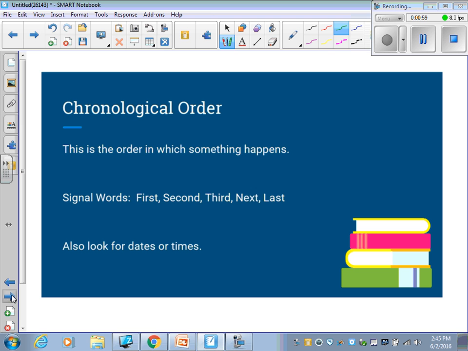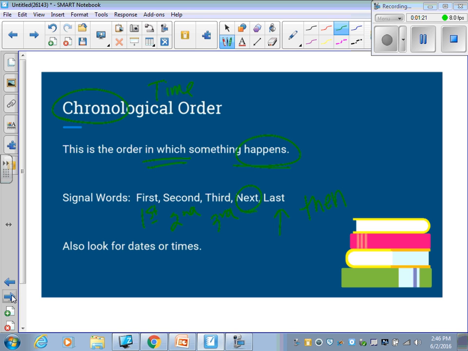When you are looking at chronological order, look at your root word chrono, meaning time. So you are looking at the order in which something happens. You might want to look for some signal words: first, second, third, next, last. Then is another one that comes to mind.